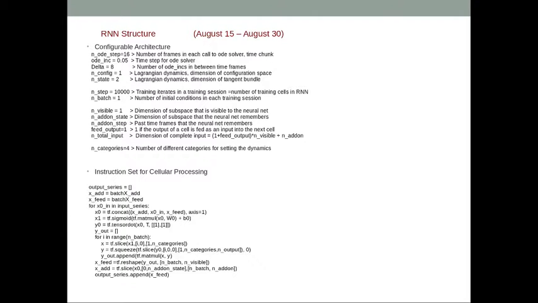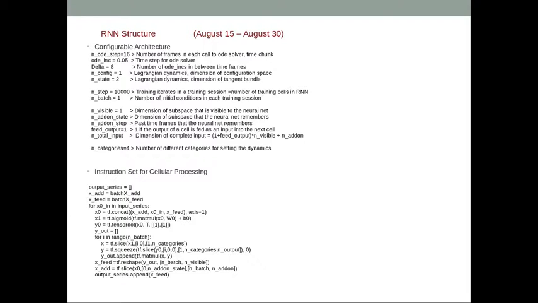N batch, at this point it's set to 1, gives the number of initial conditions in each training session. So if we set it to 1, then we're training along one trajectory only. If we set it to a number greater than 1, we're training among many trajectories.